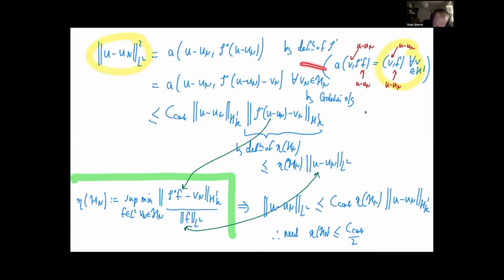So the point is this is for all V in Hn. You see, so I can choose some V then. So yes, that's by definition. Good. Thank you. There exists a Vn in Hn such that this is less than or equal to. Right. Okay. Good.